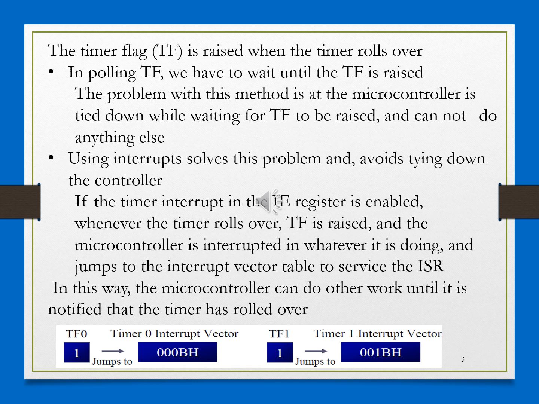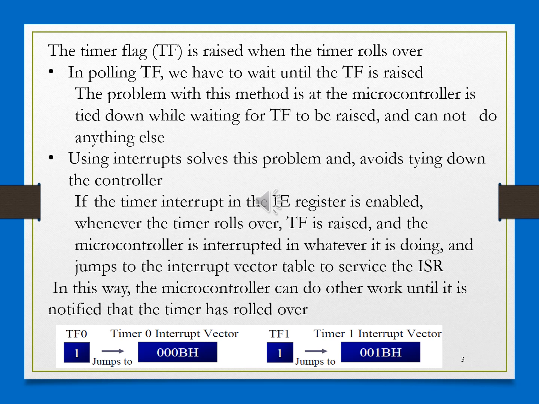If you are taking timer 0 or timer 1, as I have shown here, whenever the timer 0 overflow flag gets set, when it becomes 1, that leads to its corresponding ISR, the timer 0 overflow interrupt ISR, which is saved at memory location 000BH.